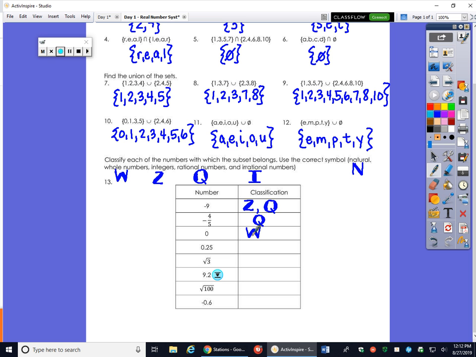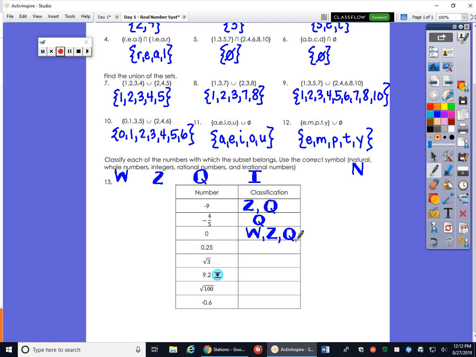Which means that if it's a whole number, then you definitely want to start walking out with your whole numbers. So if it's whole, it's also going to be an integer. And it's also going to be a rational. So a Q. So all three of those are going to work for 0.